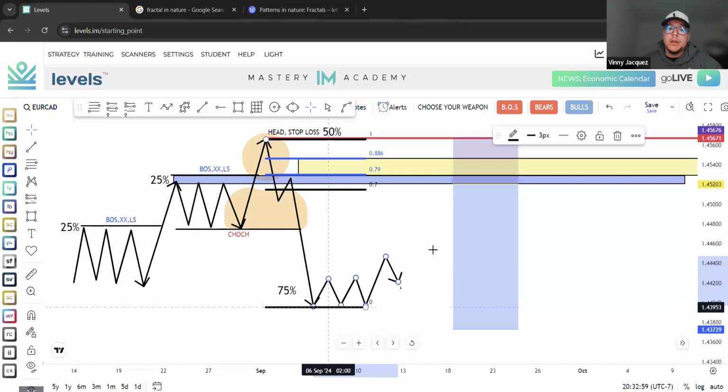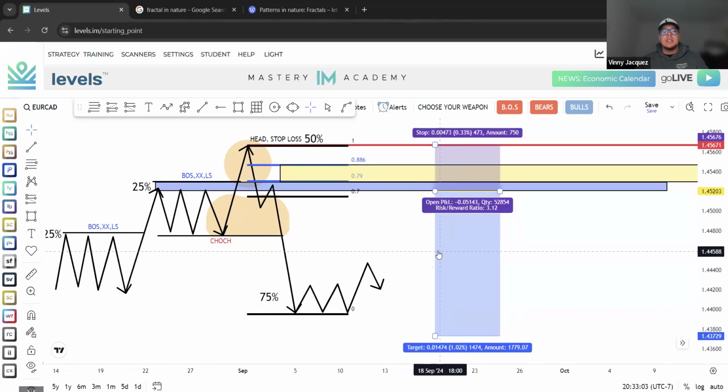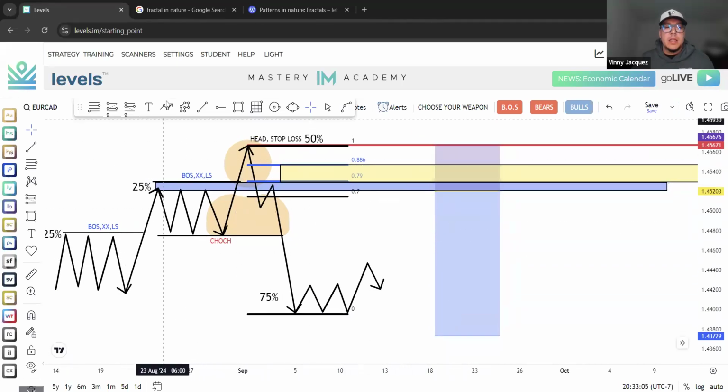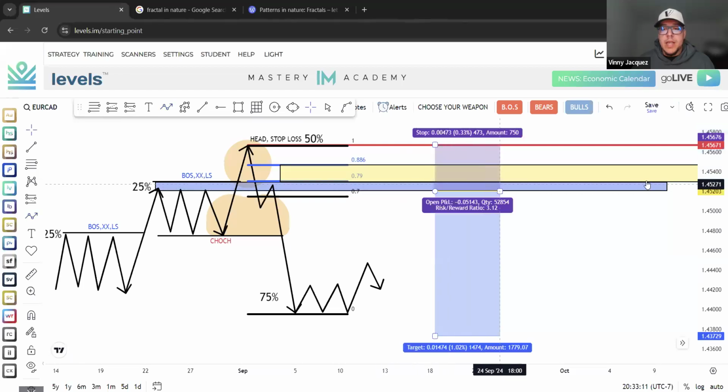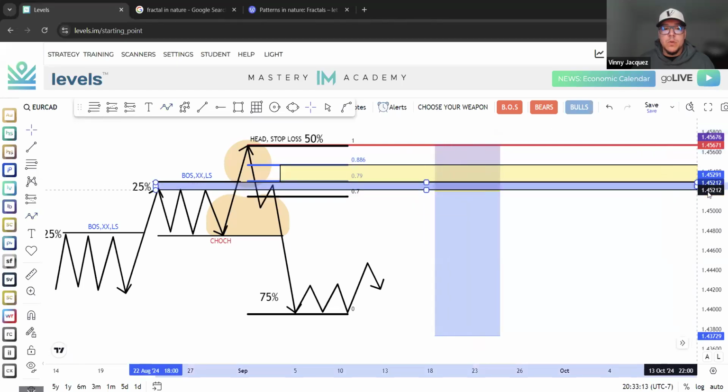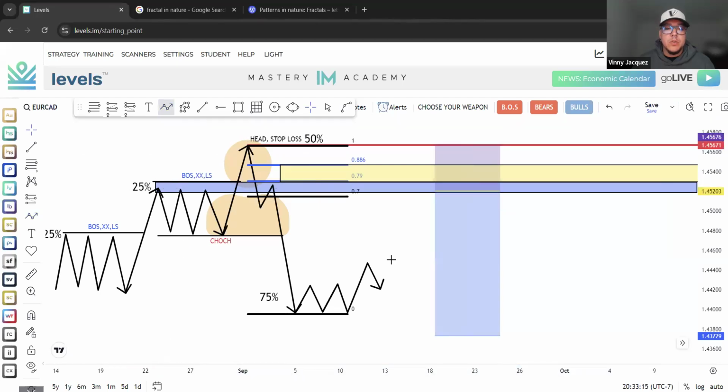So this is the setup, guys. And understand, as soon as the market touches this area here, as soon as we get the market to touch this blue box, guys, that is 100% of the right shoulder, right? So as soon as the market comes back, gives me some entry, right?